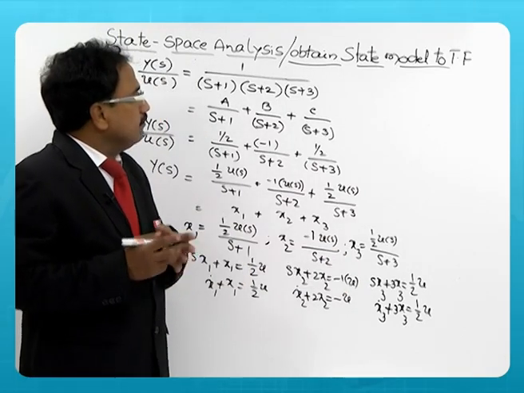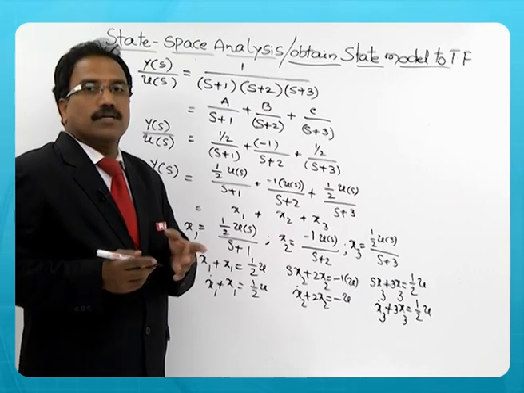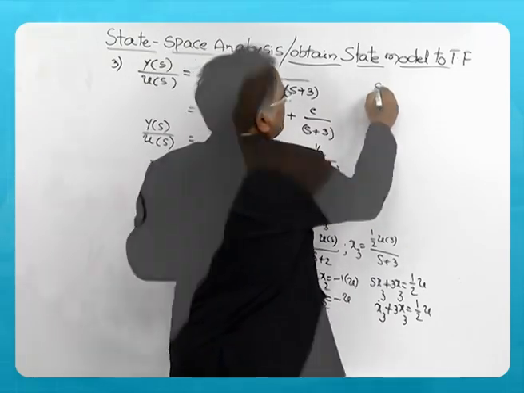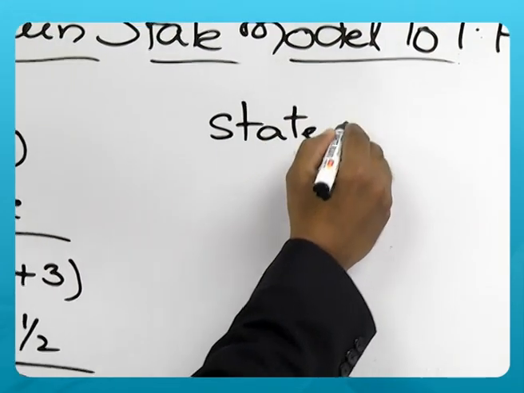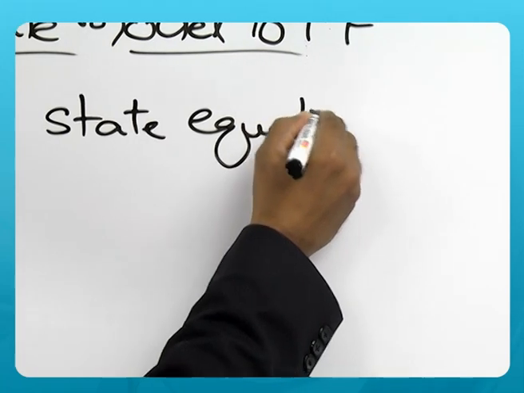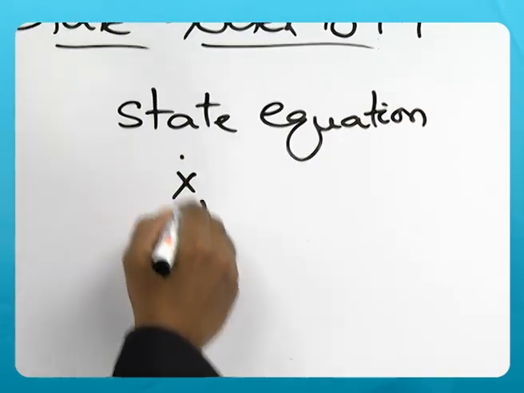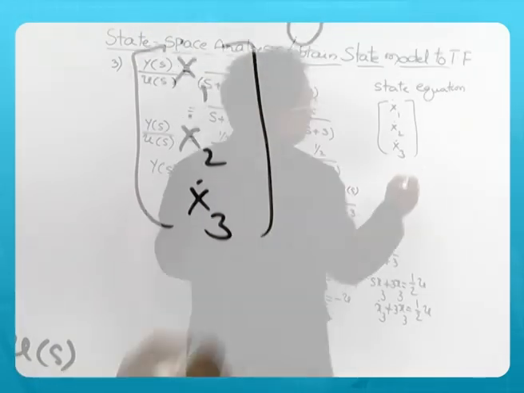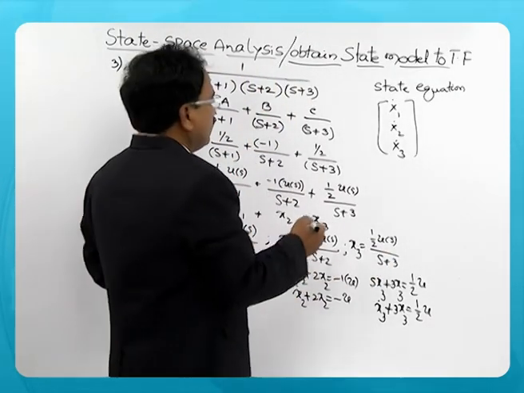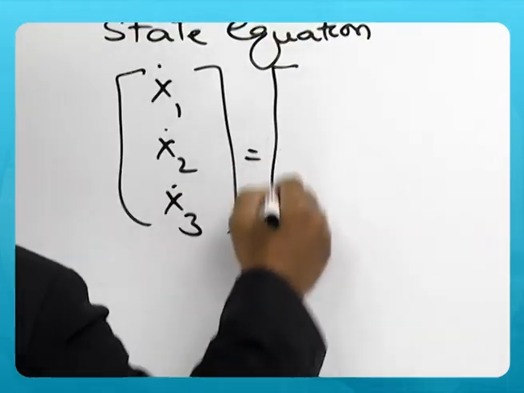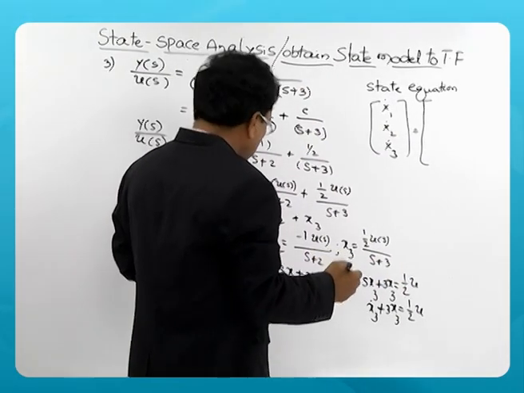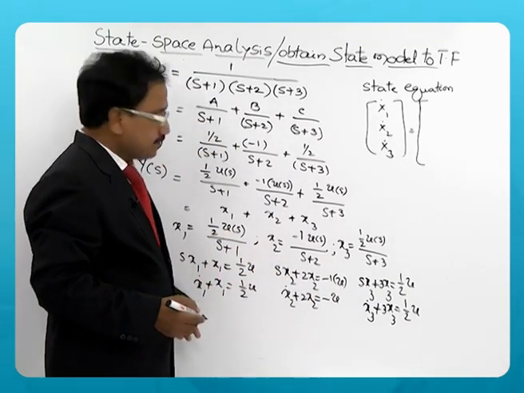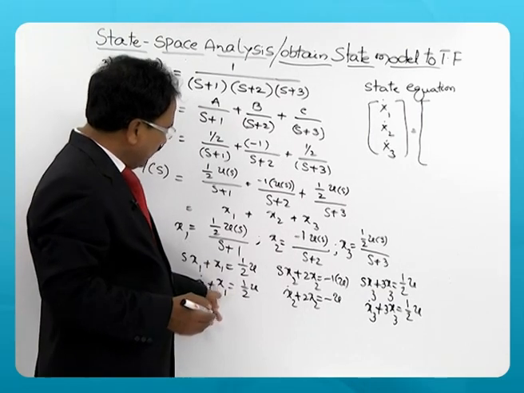So the state equation and output equation combinedly we can call it as a state model. So state equation: it has got differential state vectors, three variables x1 dot, x2 dot, x3 dot. Now you need to form the state matrix here. If I want to get x1 dot, this is equal to half u minus x1.